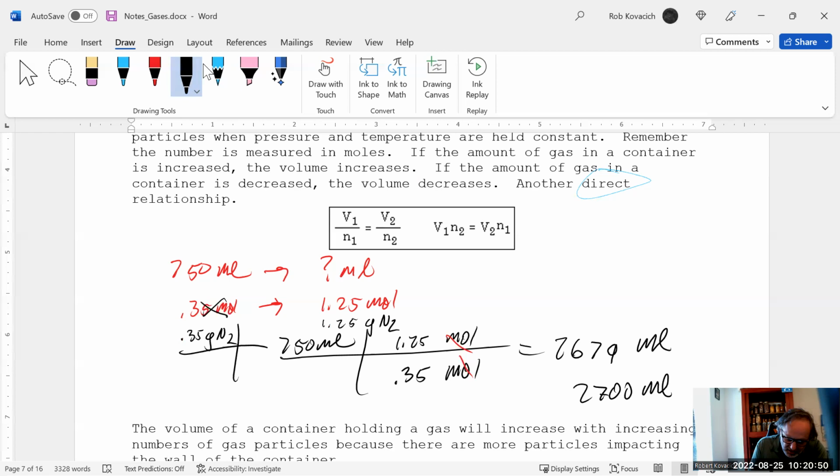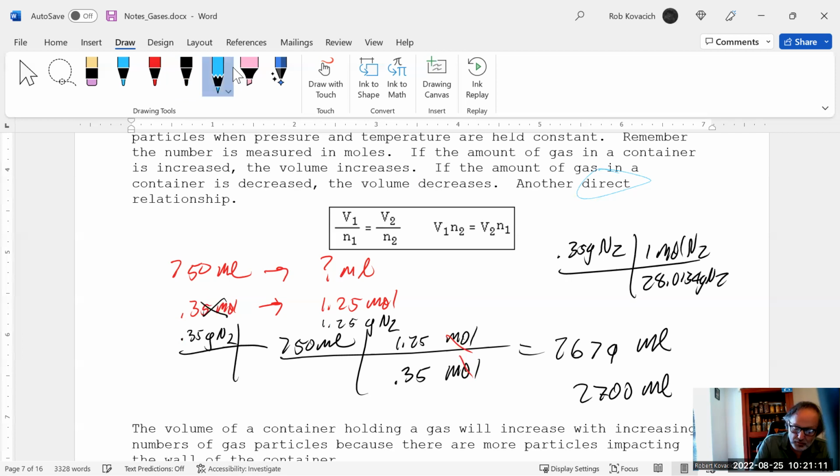So you'd say 14.00 times 2. So you'd say 0.35 grams of N2, and then for every 1 mole of N2, you'd have 28.0134 grams of N2. And so you can cancel out the grams and you get yourself a mole. So if they give you a gram number, you have to convert that into moles first.